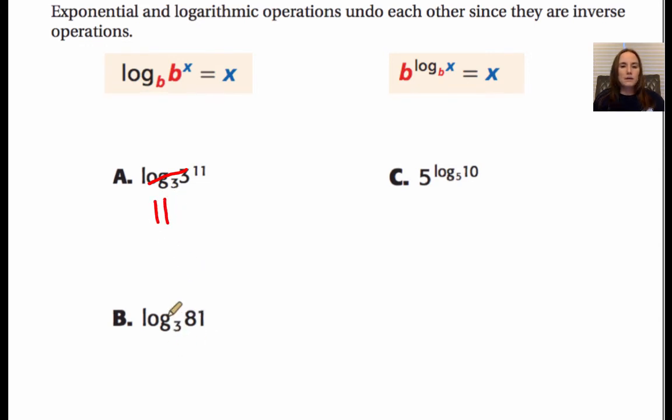Now this one here is not written like that one was, but I can force it to be rewritten that way because I can say log base 3, and I know 81 can be written as 3 to the 4th power. Now I have log base b of the same b value being raised to the 4th power, and those will cancel and I'm left with 4.